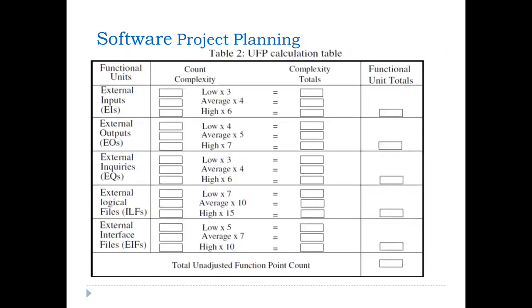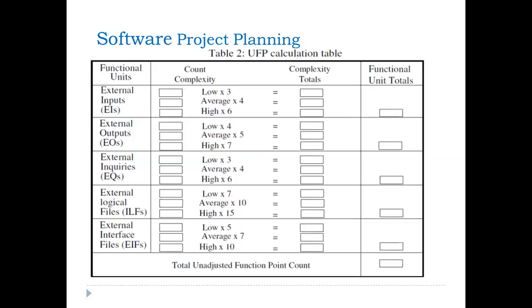So these are the UFP calculations. UFP means unadjusted function point. How are we calculating the unadjusted function point? Here they are describing the functional units: external input, external output, external inquiries, external logical files, as well as external interface. Suppose we have 4 low inputs, so 4 into 3 gives the total functional unit.